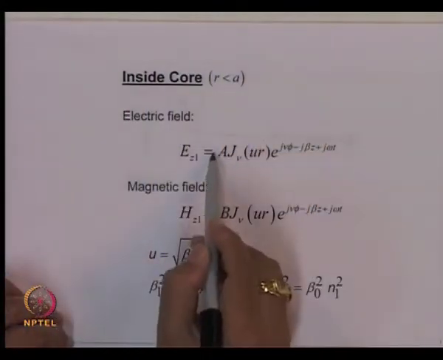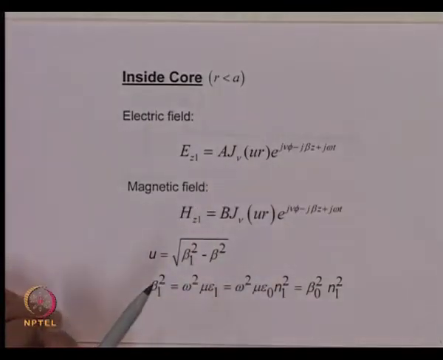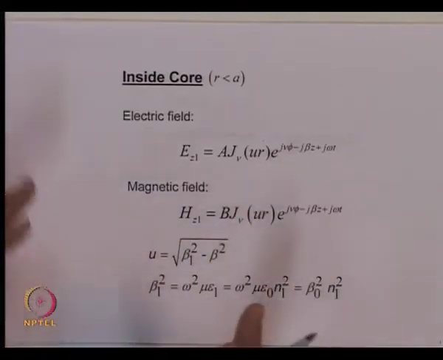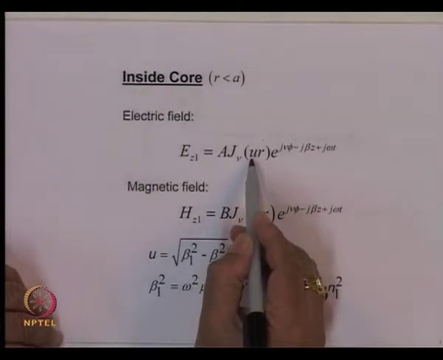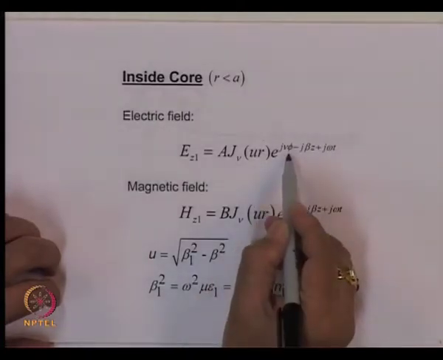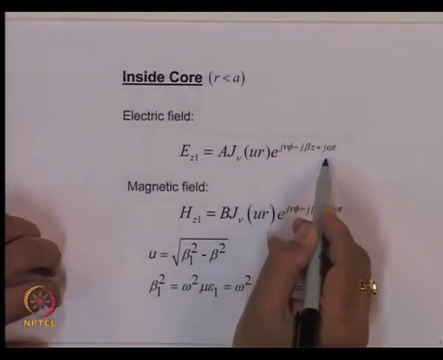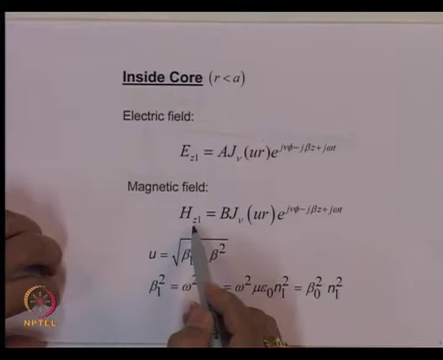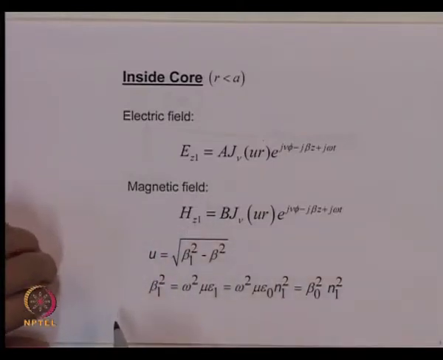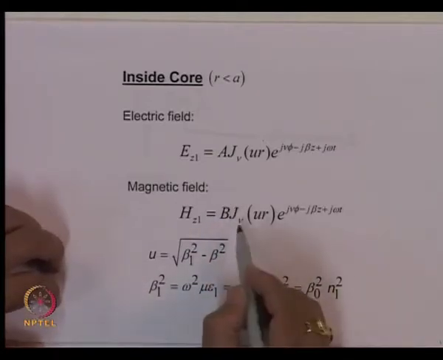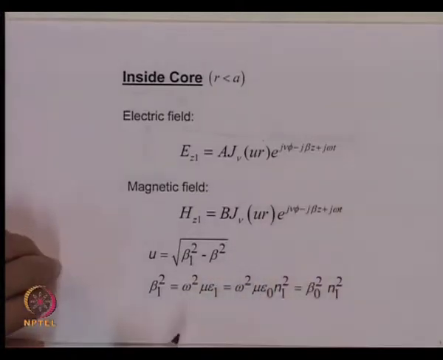So, we can get the Z component of electric field as some arbitrary constant which defines the amplitude of the field, J nu function, and in this case, just to separate out the two regions, let us call this quantity Q now as U. So, U R e to the power j nu phi minus j beta Z plus j omega t. Similarly, we can write down the longitudinal component of the magnetic field, which is Z1, which is another amplitude constant, and J nu U R, same variation in phi and Z.